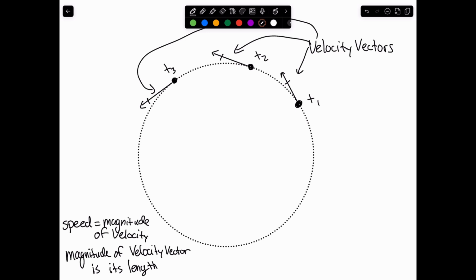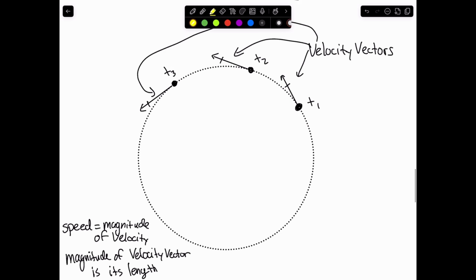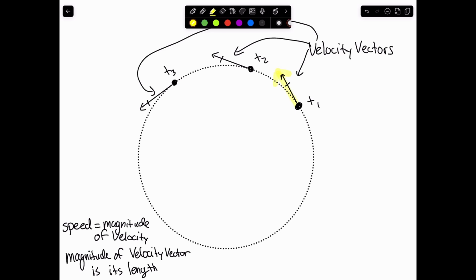Remember, velocity has direction. And so if you look at time 1, what direction is it going in? It is kind of going up and to the left, you know? A little bit this way, a little bit that way. Now at time 2, it is going less upward and more to the left. And at time 3, it's going down and to the left.